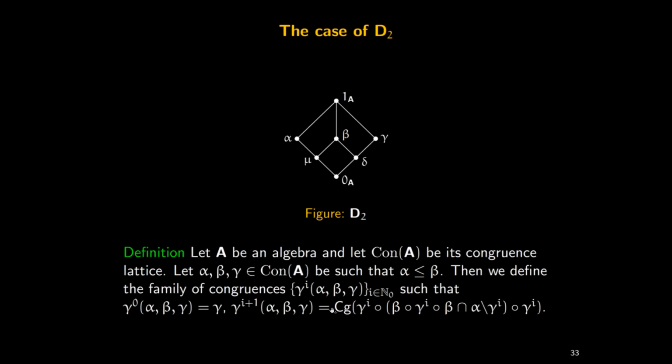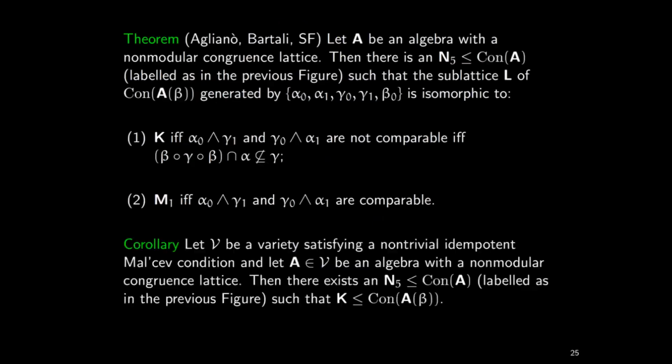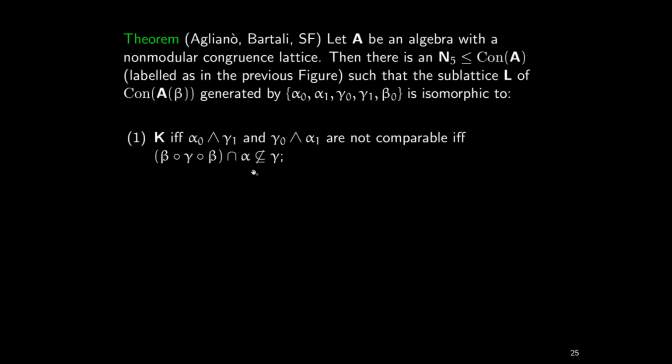And so you create this kind of congruence generated by the gamma i, this kind of congruence term that you obtain, the one that we were considering to split the two cases. Was this one? Yes.